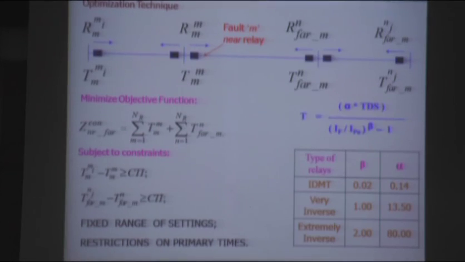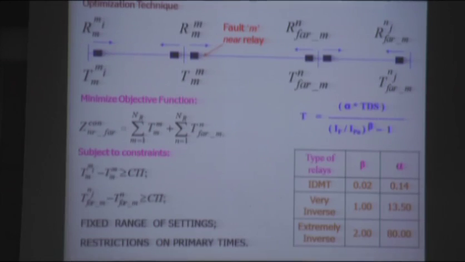And according to the mathematical equation, T is equal to alpha into T, and in the denominator there is the fault current, because the relay characteristic is inversely proportional. That means fault current reduces substantially as the location is moved away from the fault point, so the time of operation is also affected. So that purpose is solved there.